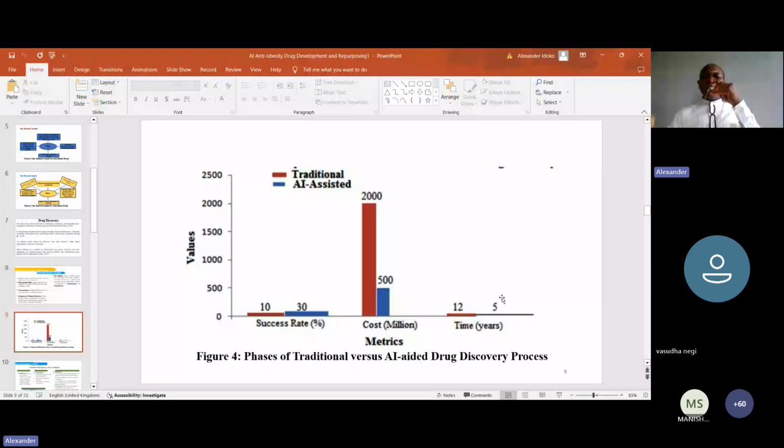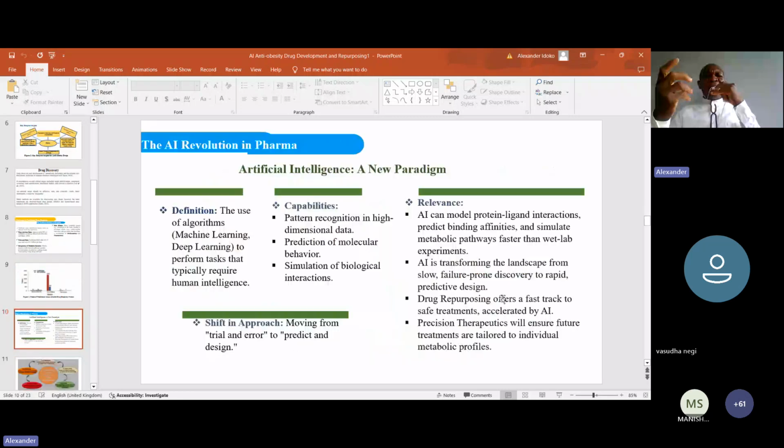Talking about cost in millions of dollars, $2,000 million can go for a particular drug discovery using the traditional method, but it will only take just 500 for the AI. Then talking about time in years, it can take 12 years compared to 5 years. So AI drug discovery actually has high speed and high precision attached to it.